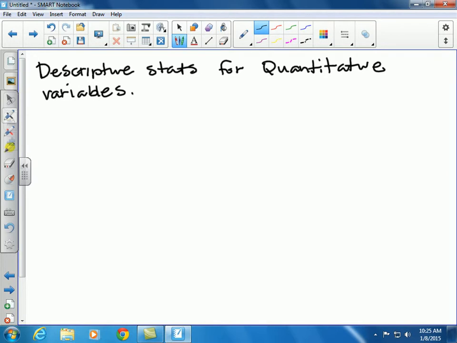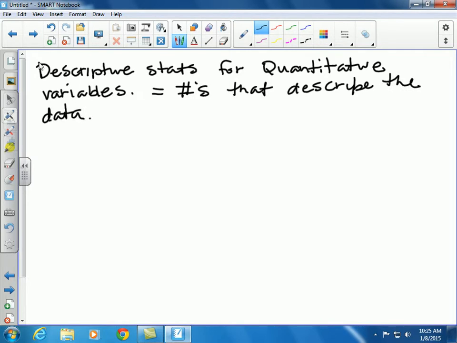Typically, remember that descriptive statistics are the numbers that describe the data. One thing I want to make sure my students feel comfortable with is that when you see these numbers, you can make some kind of conclusion about an entire data set based on maybe 3 to 5 numbers. That's a skill that can be really useful in your professional life.